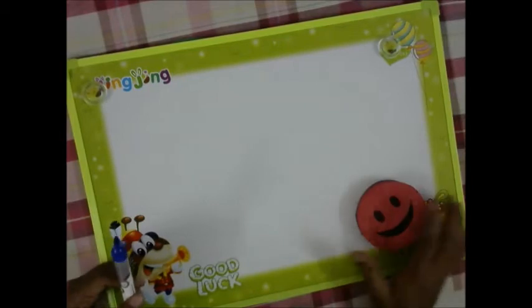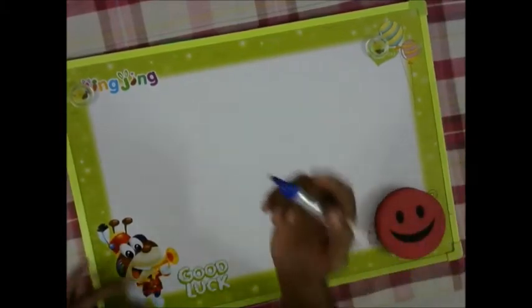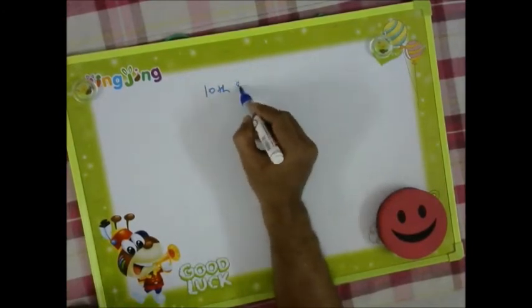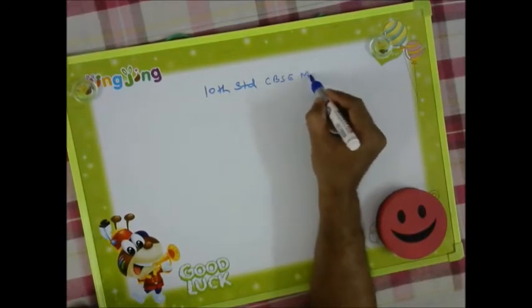Welcome back. We already studied trigonometry in our 10th standard CBSE maths.